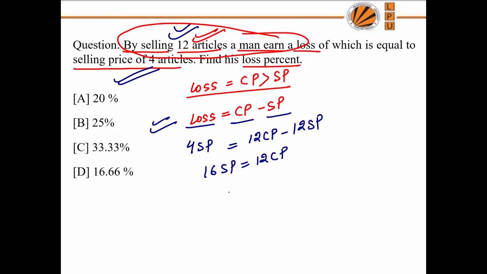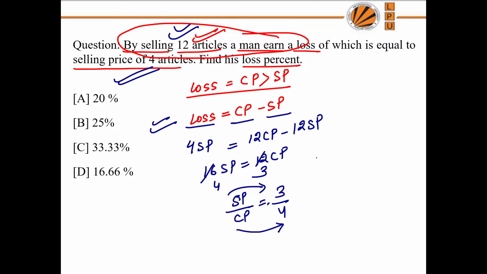So from here, if you cut it further, it is 4 times 3 and 4 times 4. So SP by CP would be 3 by 4. Done. So it means that if CP is 4, SP is 3.